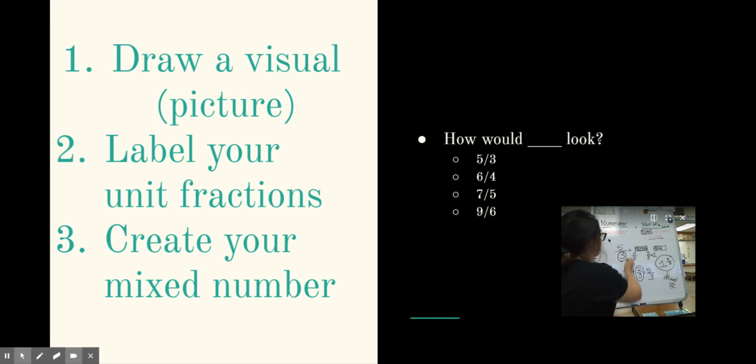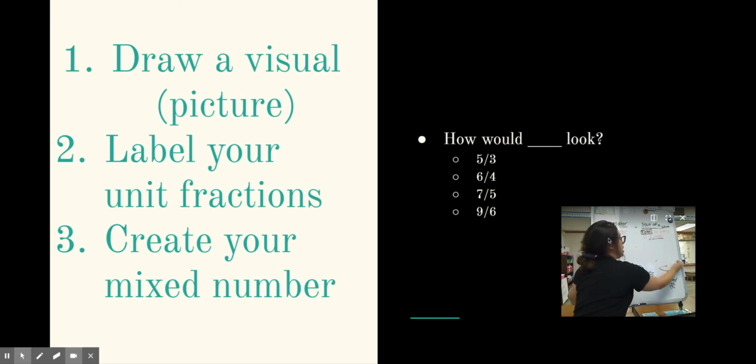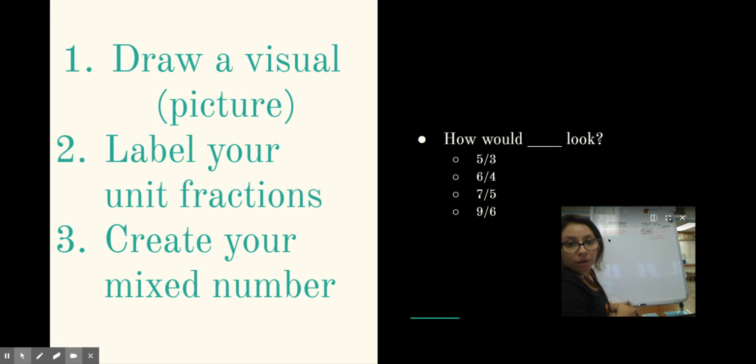Okay, our next one, which is our last example for right now, is 6/4. So remember, 6/4 is the same as 6/4 like this. Ask yourself, how many total parts make up a whole? 4 in a whole.